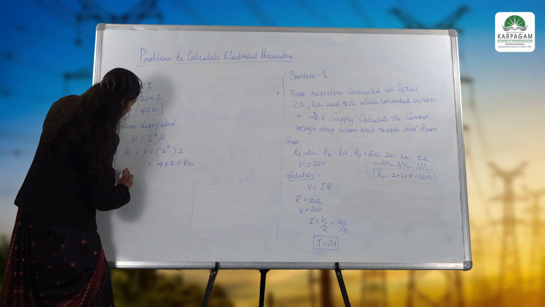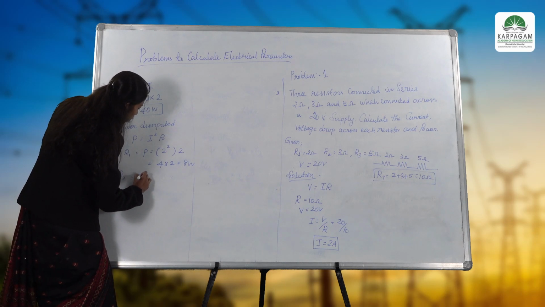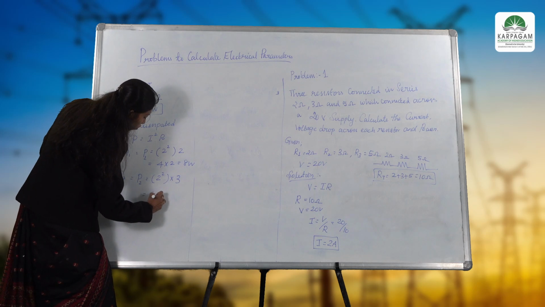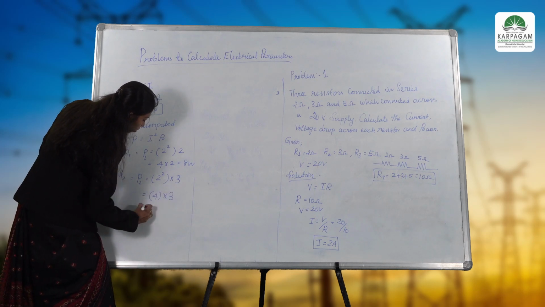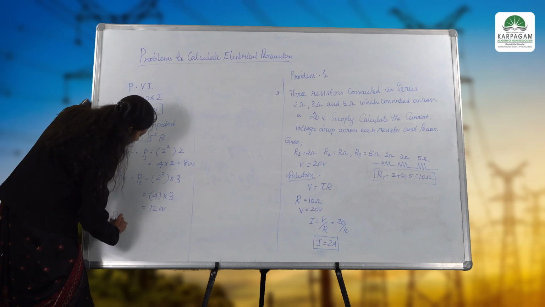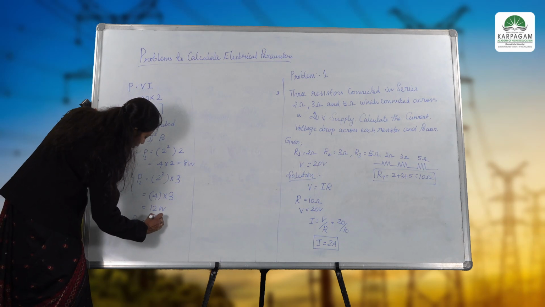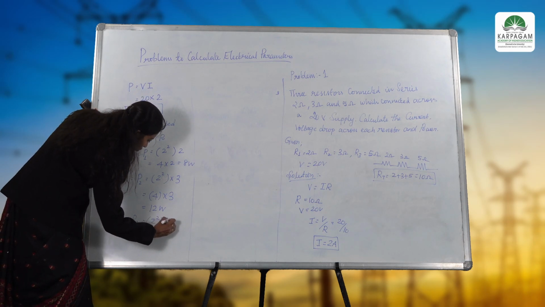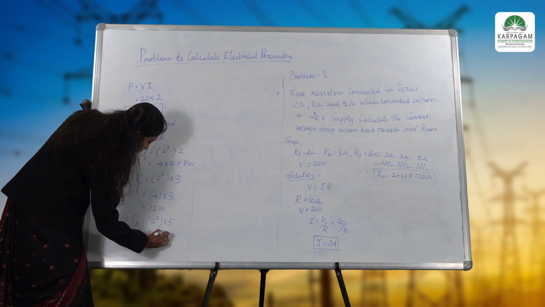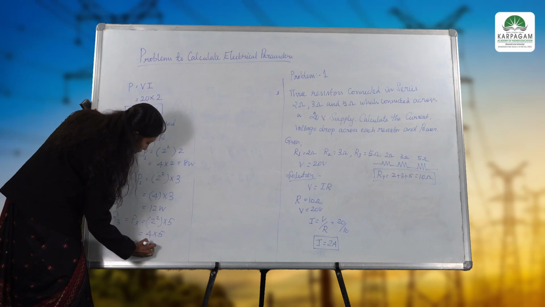And in case of resistor 2, the power dissipated across resistor 2 is 2 square into 3. So this will be 4 into 3, so we have 12 watts. And in resistor 3, the power dissipated will be I square R, so 4 into 5, 20 watts.